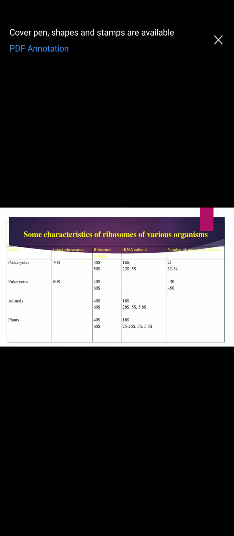The 80S ribosomes have 4 types of RNA molecules, while we have only 3 types of RNA molecules in the 70S ribosomes. Their proteins and nucleic acids are larger in size than in the 70S ribosomes. Their RNA protein ratio is 1:1.